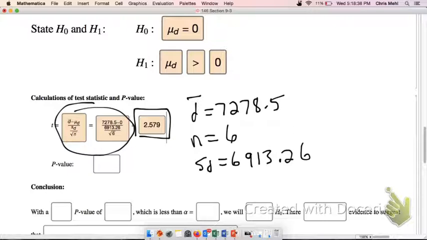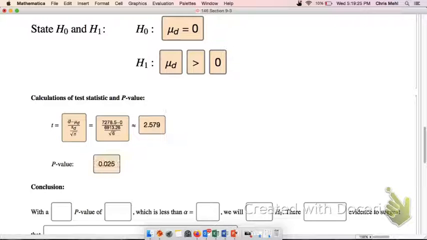Remember, this was a right tail test, so you use StatCrunch to find the area to the right of that test statistic, and I get a p-value of 0.025. If you're using the t-table, the degrees of freedom is n minus 1.